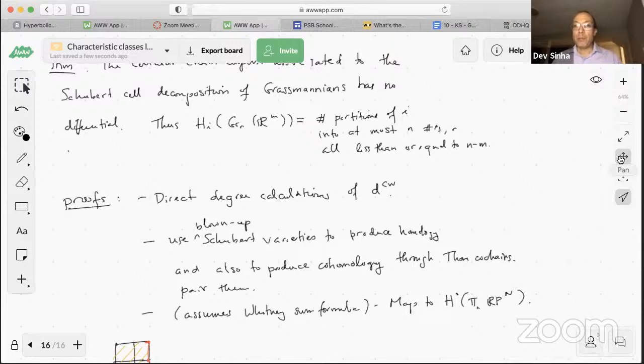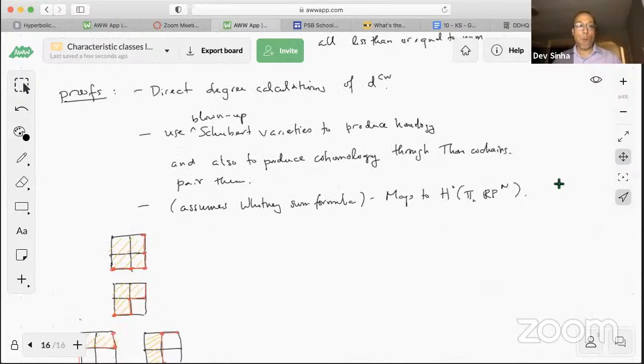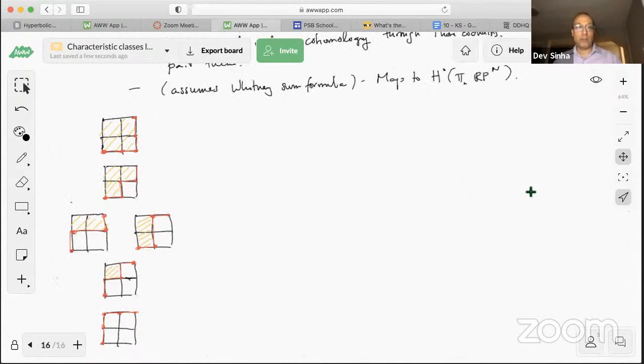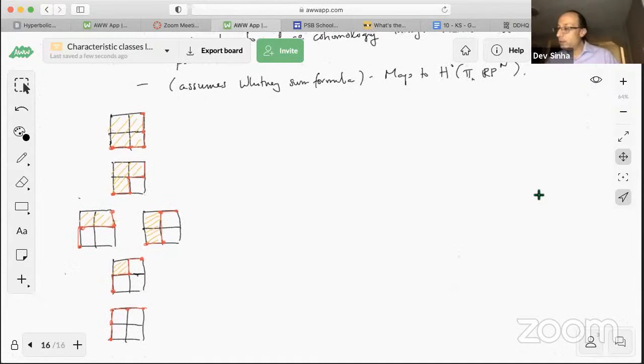So I prepared the names of the cells for the Grassmannian of two planes in R^4. The degrees go down from 0, 1, 2, 3, and 4. You can read off the degrees from the number of shaded blocks.